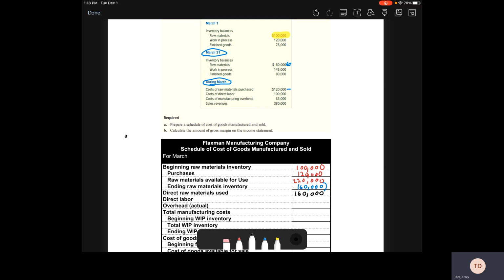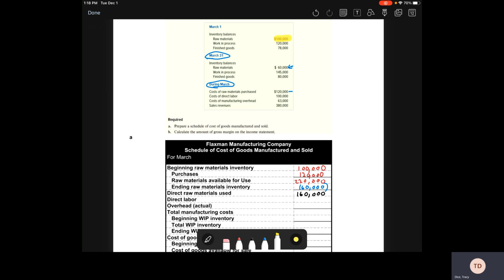The other costs we have to look at are your direct labor costs, which they tell you straight out right here. That was $100,000. And then your actual overhead. Remember, overhead are those indirect costs that you can't necessarily say, well, we used 14 of these.